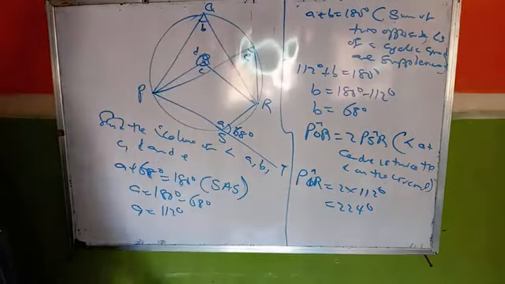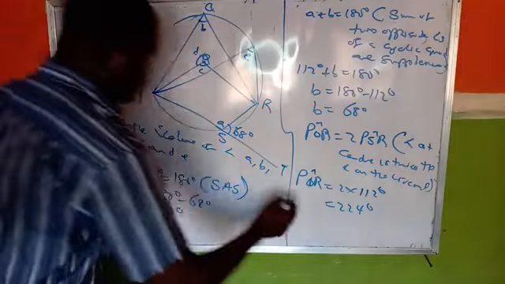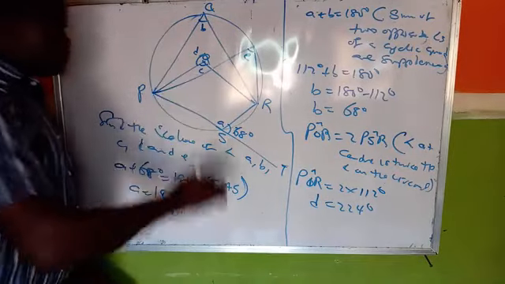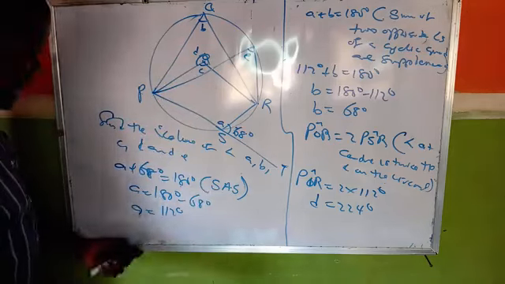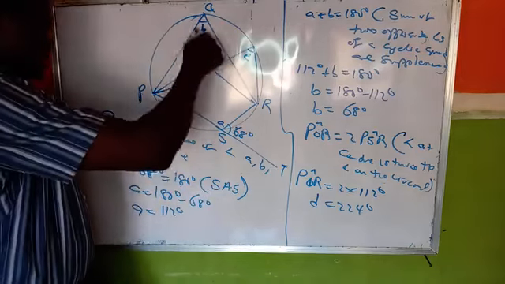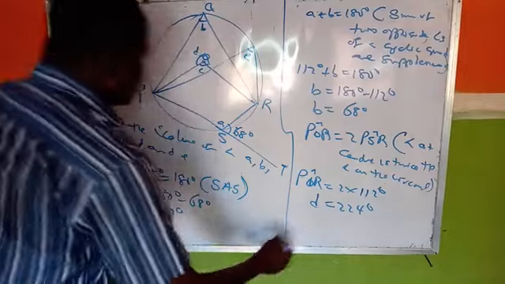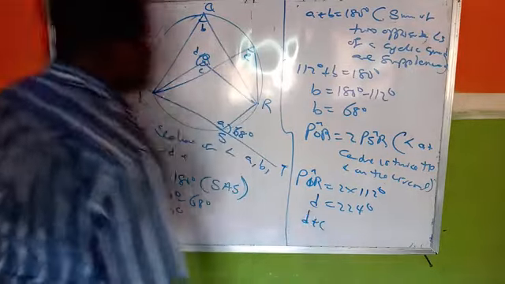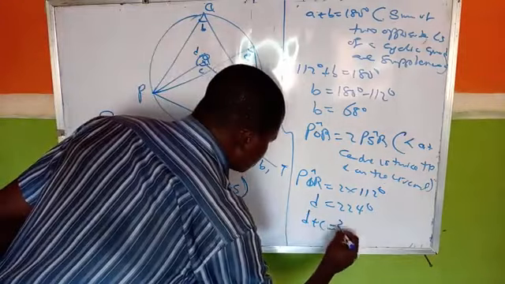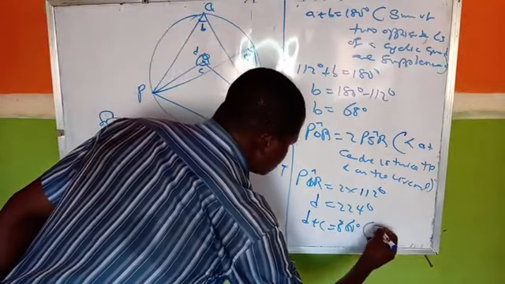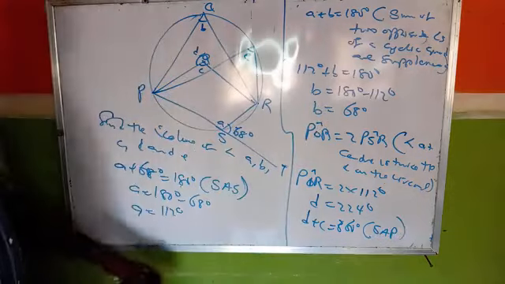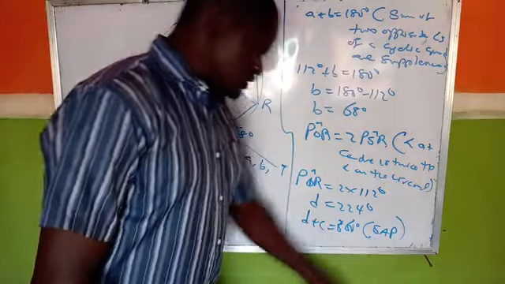Then that's angle D. If you want to calculate angle C, it is angle at a point. So you can say D plus C equals 360 degrees. So that's the sum of angles at a point.